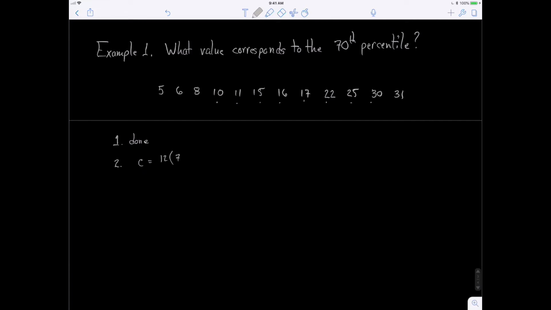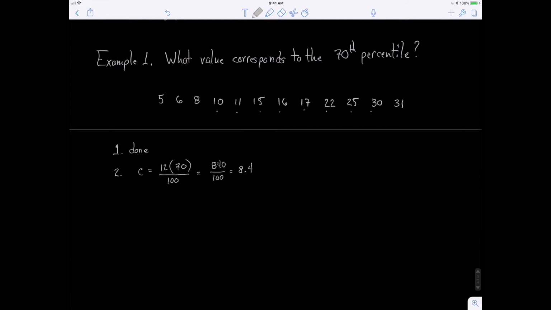We just use the 70. 12 times 70 is 840, and if we divide it by 100, we come up with 8.4. So now let's look up above and see what we're supposed to do with 8.4.